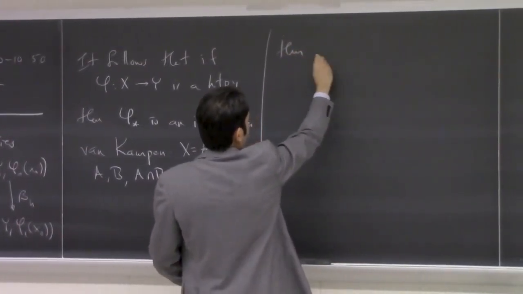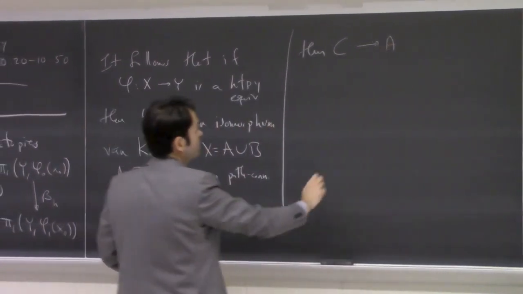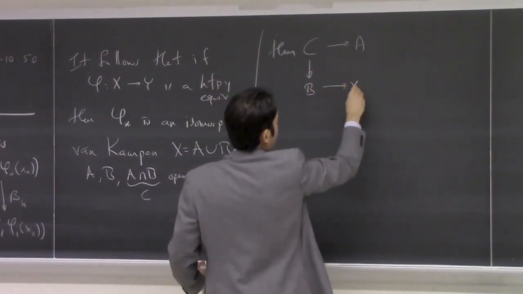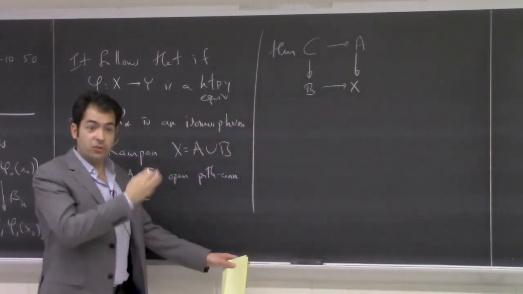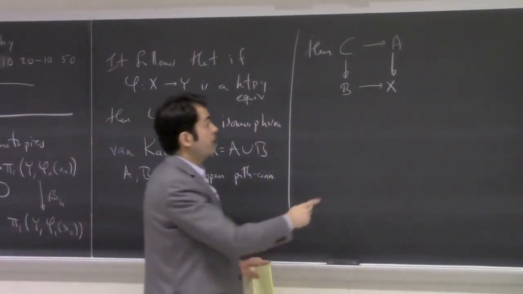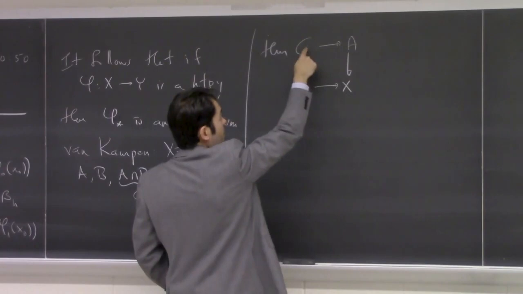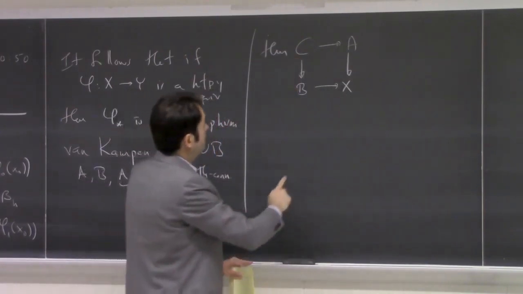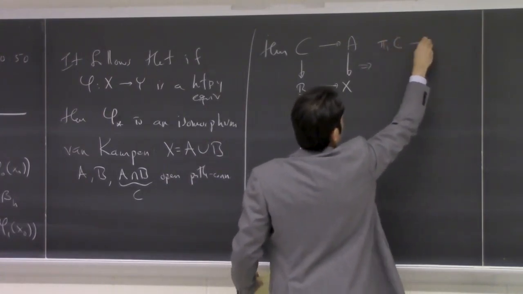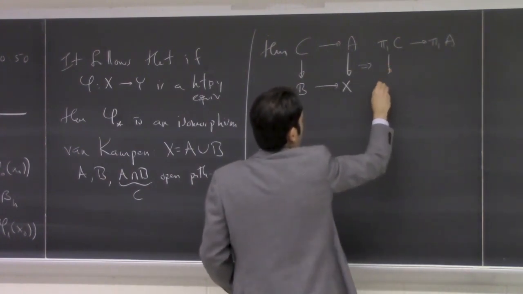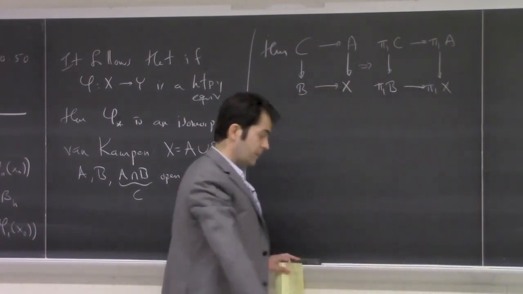one way of writing this is in terms of diagrams. So let's say that C is the intersection. Then if X is determined by this diagram, in that it's what you get if you take A and B and just identify points in A and B if they come from the same point in C, then the corresponding diagram for the fundamental groups also has this property.